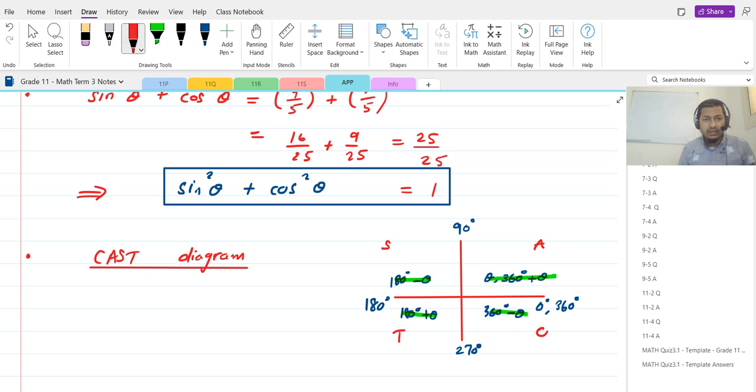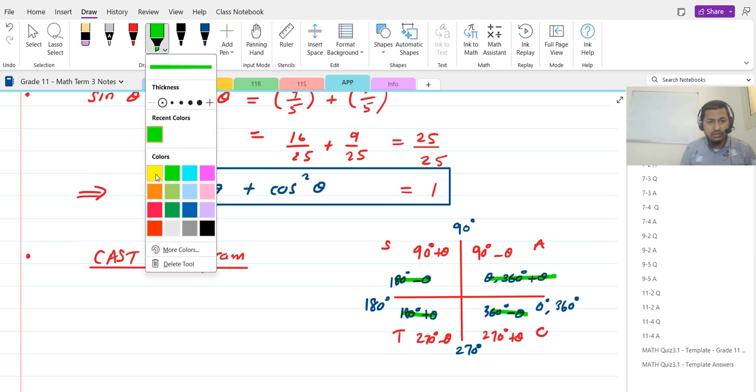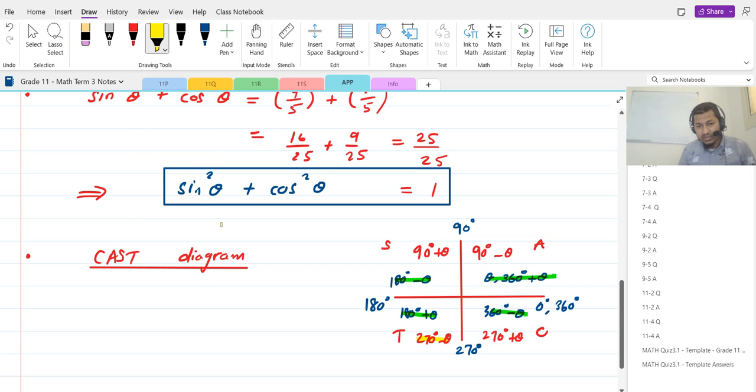Now if I use the vertical line and see what I get, if I go before, that's 90 degrees minus theta. If I go after, it's 90 degrees plus theta. If I go before 270 it's 270 minus theta. If I go after 270, it's going to be 270 plus theta. So that's how you locate the quadrants. Now if I ask you where is 270 minus theta, you are going to be in the third quadrant.